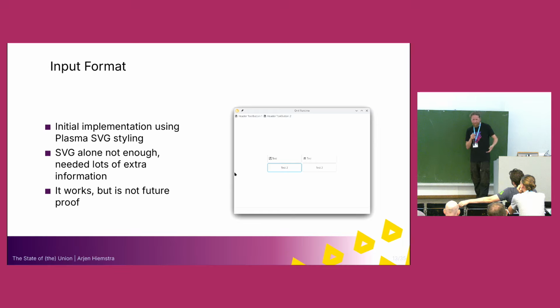So we had a whole bunch of extra stuff around this to basically encode what, in the current implementation of Plasma theming, the Qt Quick code encodes. It worked, or it works. It's not ideal.